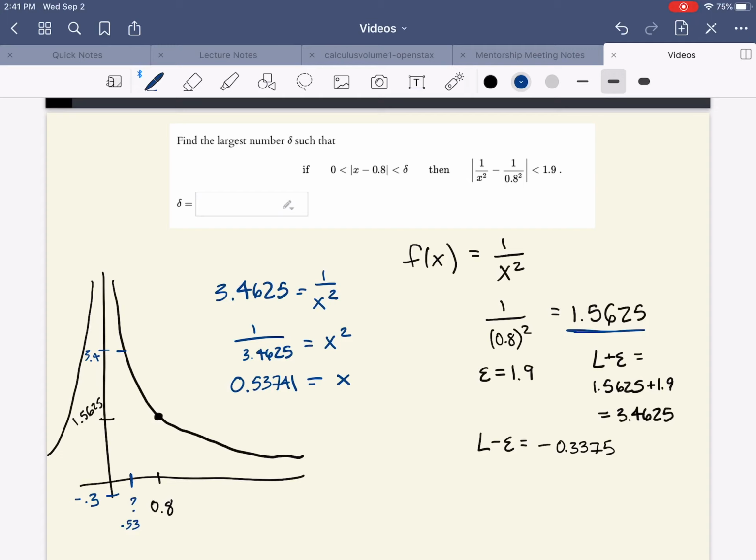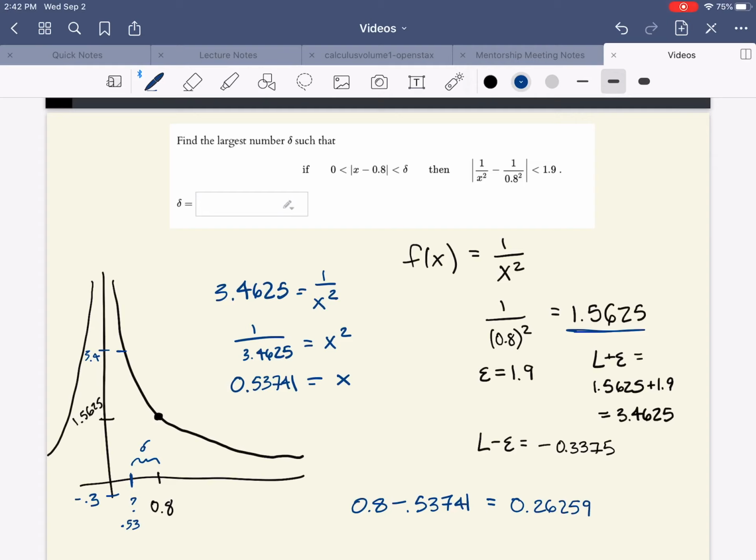But delta is going to be the difference between those two numbers. So I need to take 0.8 minus 0.57341. And again, I will use my calculator, and I get 0.26259.